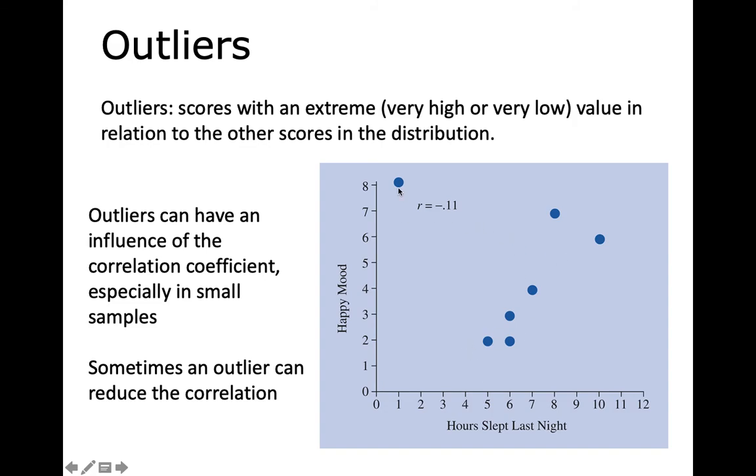But what happens when we have this outlier? The correlation is actually reduced, and it's turned into a negative correlation. If we did our grids, you'd see that you've got this very large negative cross product up here that is contributing to the average of the cross product. So that outlier can have a very strong effect, in this case, reducing the size of the correlation.